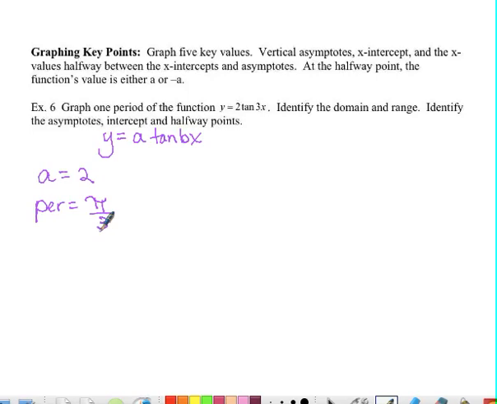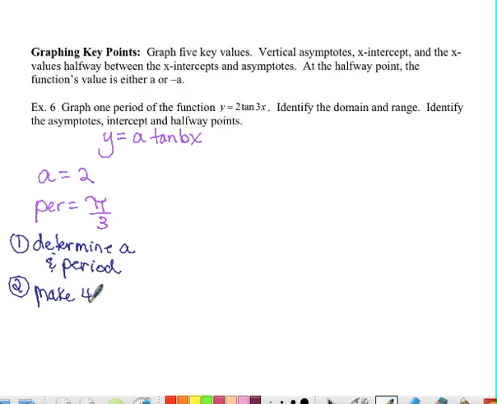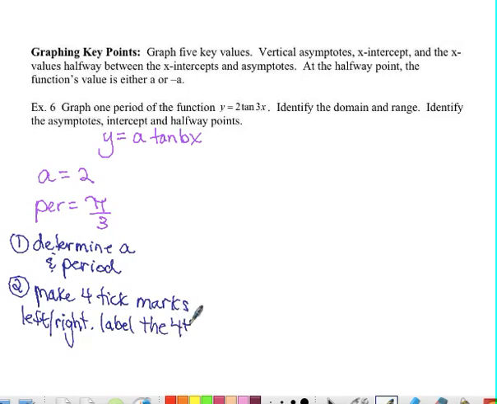So let's write down some steps like we did yesterday, okay? So step 1. You want to determine A and the period. Step 2, when you're graphing the tangent function, make 4 tick marks left and right. Label the 4th tick mark the period length.